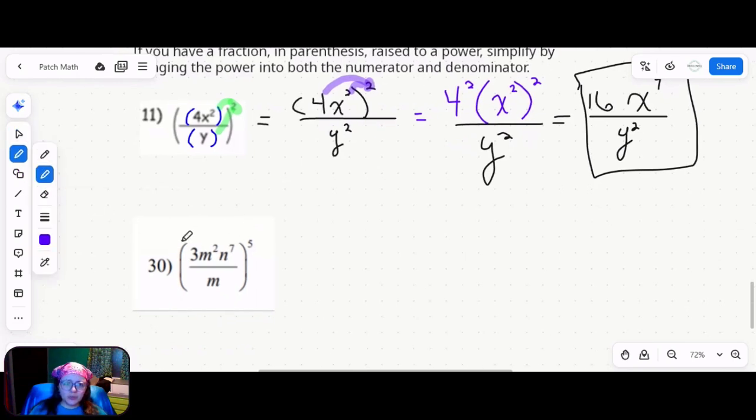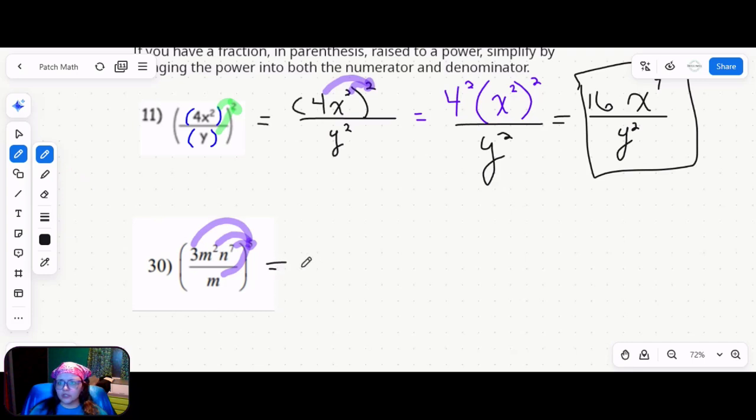And I want to show you, you can have some flexibility on these. So we have 5 here. That 5 gets brought into the entire numerator. And if we want to look at it maybe a little faster than we did the first one, that means that 5 comes in as an exponent on the 3. It comes in as an exponent on the m squared, and it comes in as an exponent on the n to the 7th, and it also comes in as an exponent on this m.